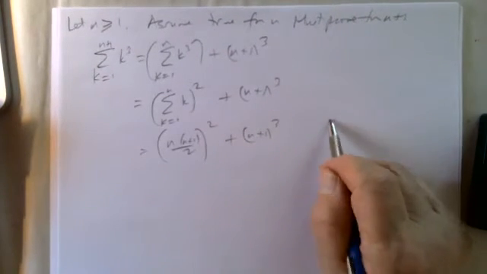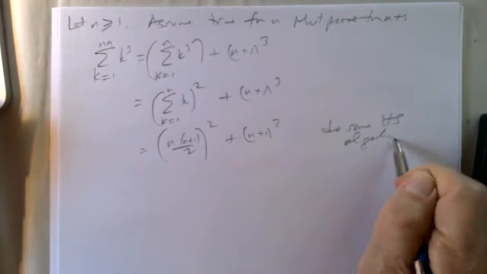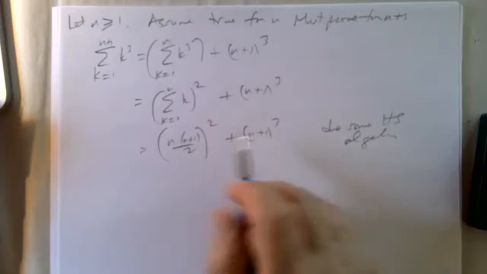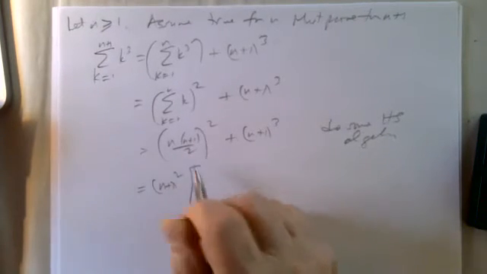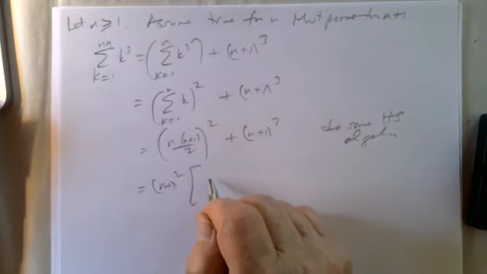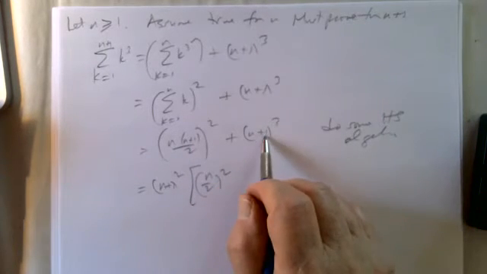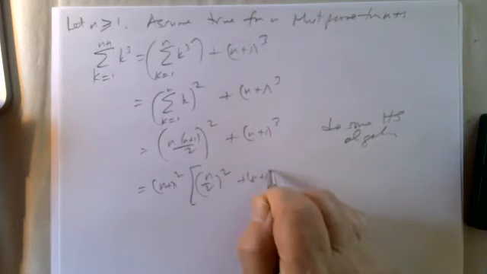So now we just do some high school algebra. You can factor an n plus 1 squared out of both of these terms. If you take n plus 1 squared out of the first term, we have n over 2 squared. And if you take n plus 1 squared out of the second term, you're left with just n plus 1.